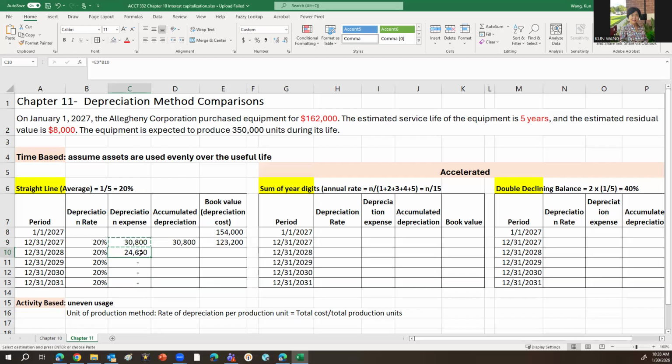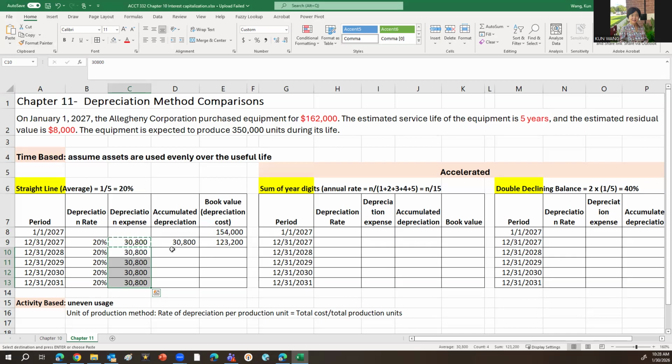Okay, let me see. Oh, because this one I used a formula. Okay, I will just copy and paste as value. So for straight line, same depreciation.